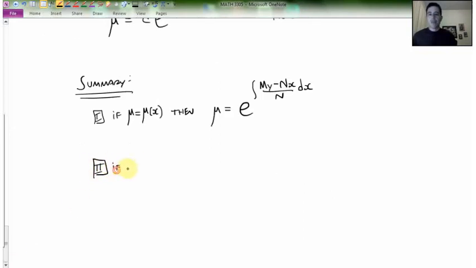If you think that mu is a function of y, then mu is e to the integral of (nx minus my) divided by m dy.